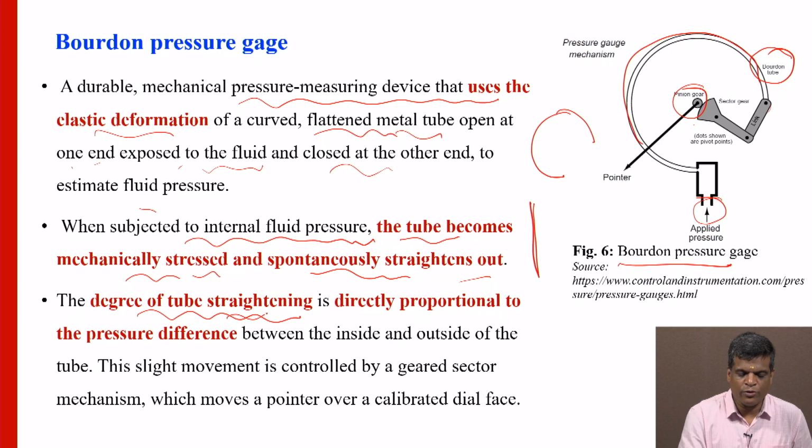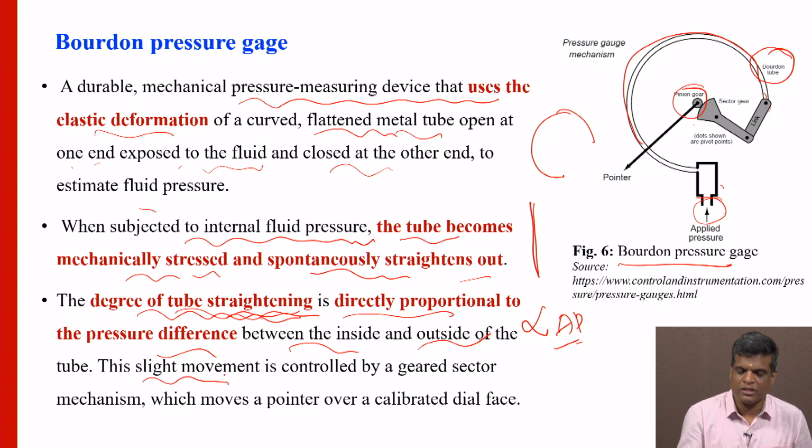The degree of tube straightening is directly proportional to the pressure difference. That's very important. This is directly proportional to the pressure difference between the inside liquid and the outside of the tube. This is the inside, and it is connected to the outside of the tube.